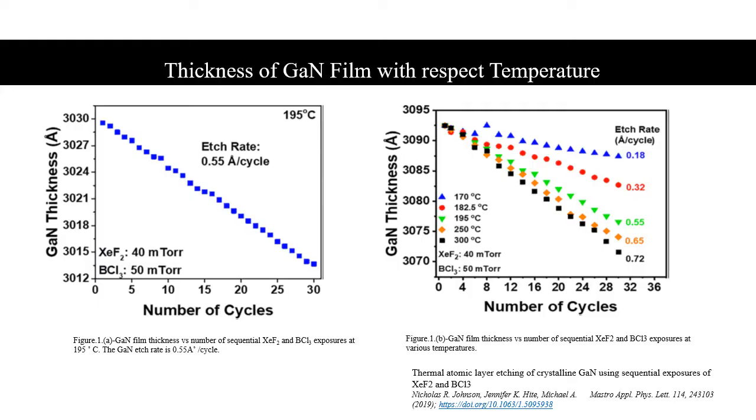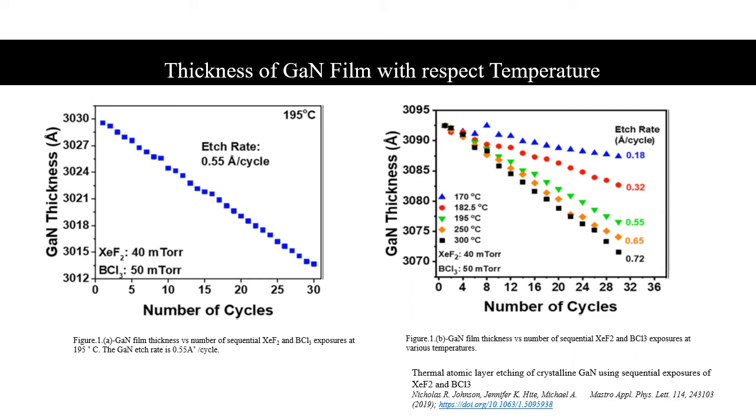First, we're going to discuss the thickness of the gallium nitride film with respect to various temperatures. Gallium nitride thickness is usually measured with an in-situ spectroscopic ellipsometer.